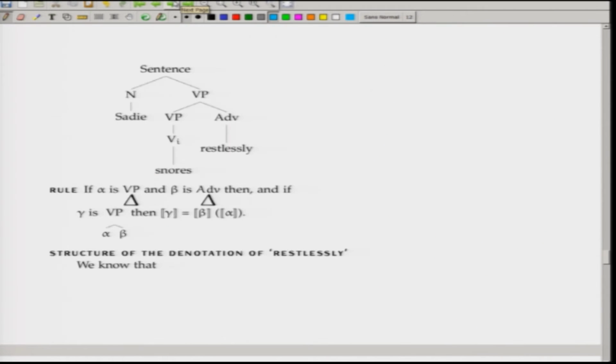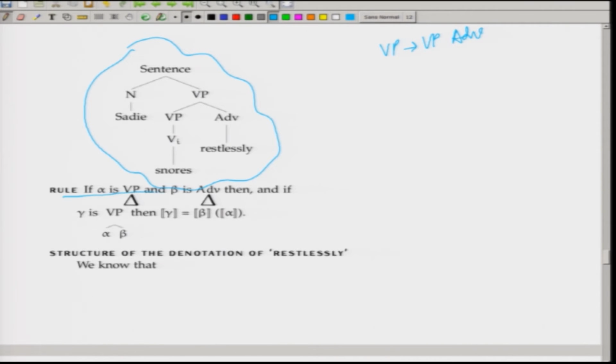As we said already, here is the sentence, and the sentence goes to NP VP. This will be the analysis, the syntactic tree for the sentence. So then what will be the semantic rule corresponding to VP goes to VP ADV?